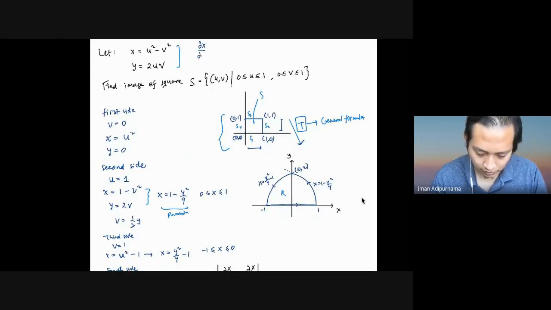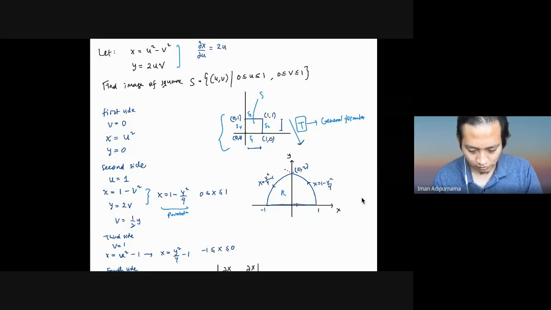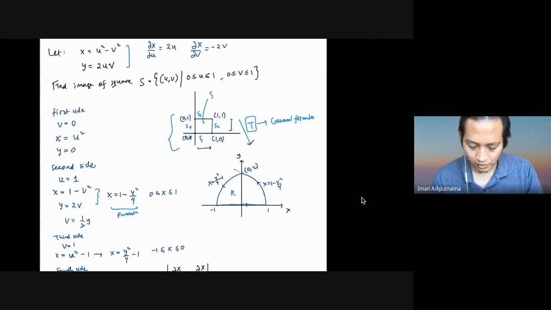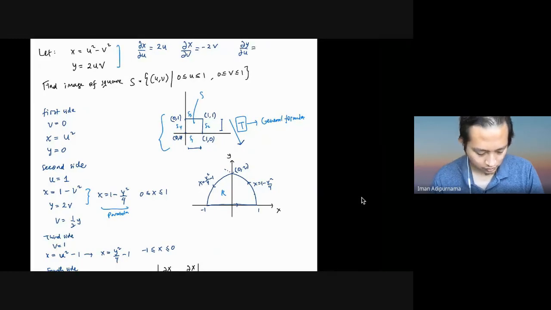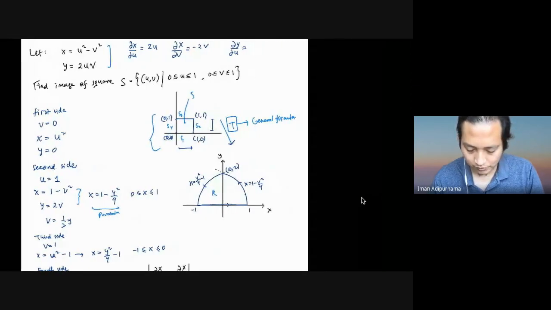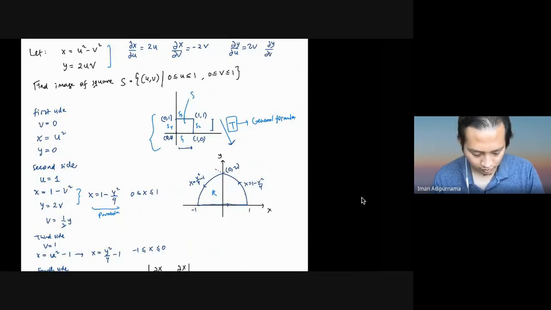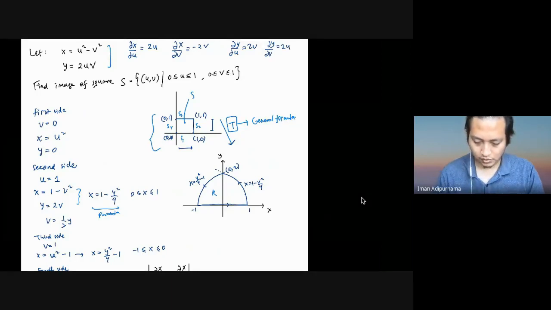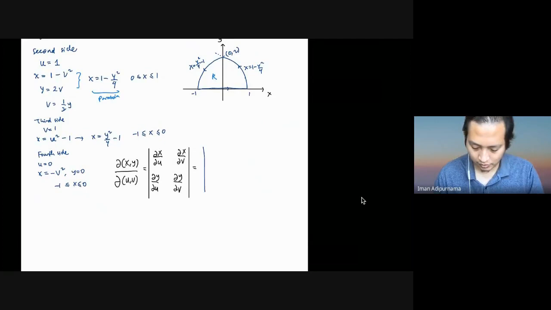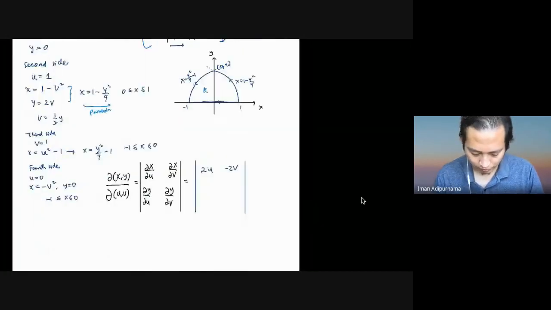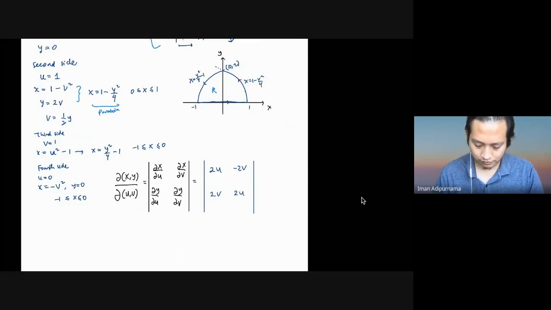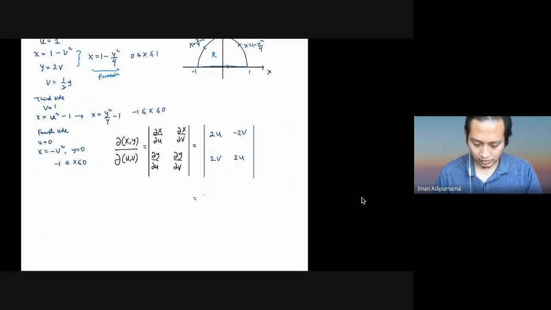Let's write here dou x dou u is 2u, dou x dou phi is negative 2 phi, and dou y dou u is 2 phi, dou y dou phi is 2u. And we can plug in all to here. So 2u, negative 2 phi, and then 2 phi and 2u. We will get 4u squared plus 4 phi squared.